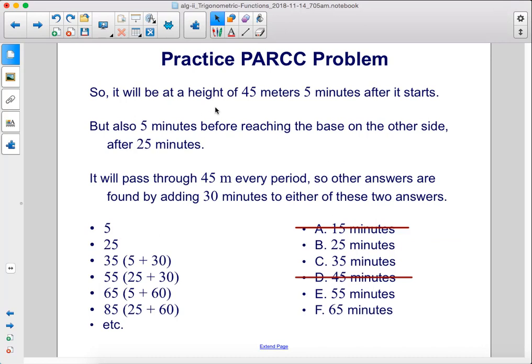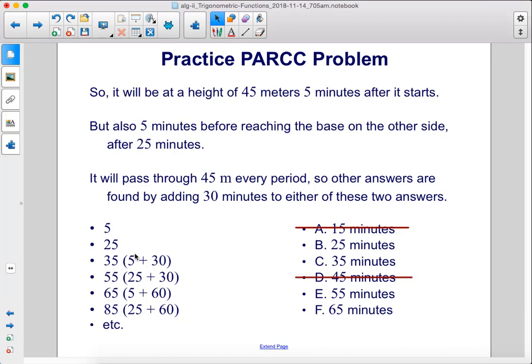It'll be at a height of 45 meters 5 minutes after it starts, but also 5 minutes before reaching the base on the other side, which is after 25 minutes. It will pass through 45 meters every period, so other answers are found by adding 30 minutes to either of these two answers. So you add 30 to 5 or you add 30 to 25.